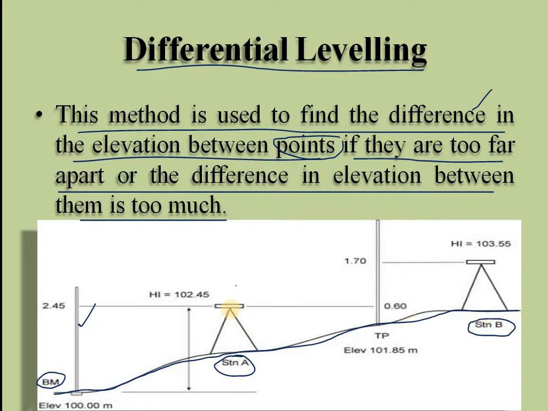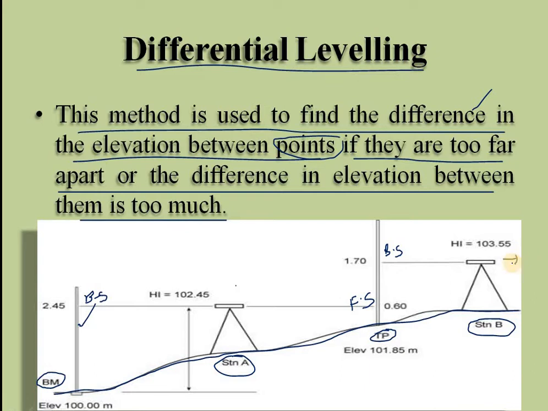At the first point, station A, we have the BS on the back side, and the FS on the second one, and this is known as the TP, turning point. Again at the second station B, that is BS, and for the other one we will get the FS also.